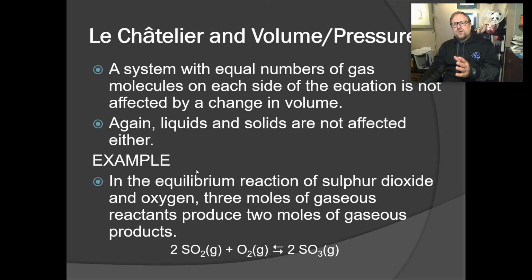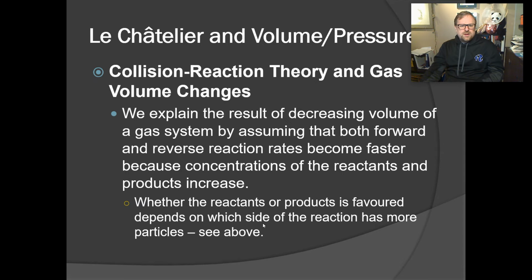Okay, but it only works if our number of moles are unbalanced for some reason. If there are 3 moles on this side and 2 moles on this side, it's going to shift depending on what we do to the pressure. But if there are 2 moles on this side and 2 moles on this side, it's not going to do anything. Something to consider there.